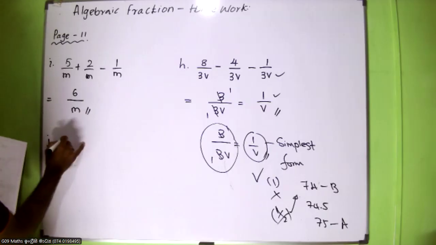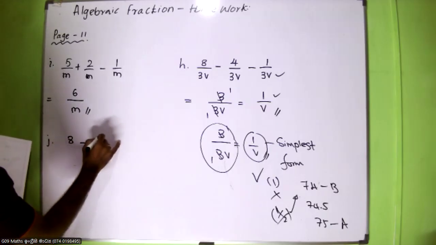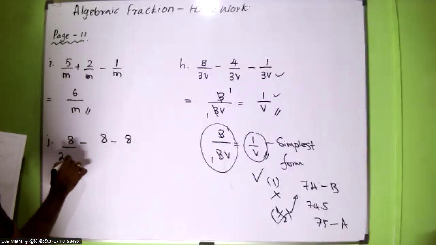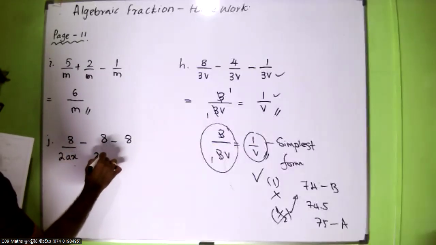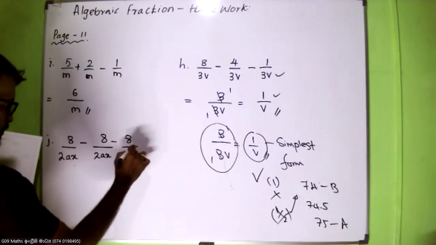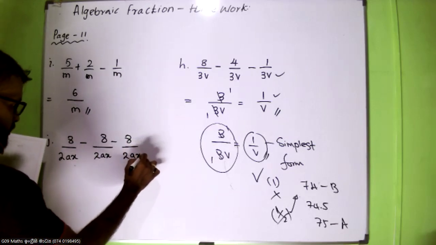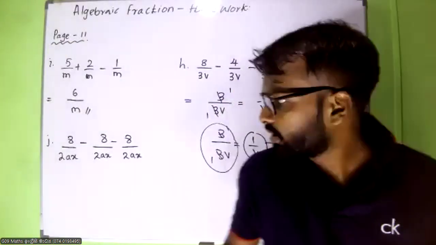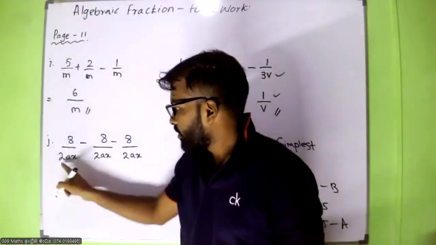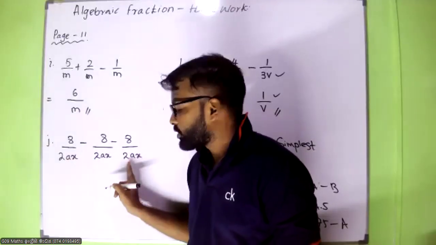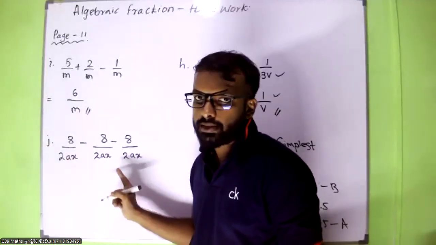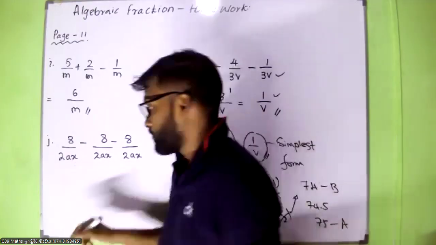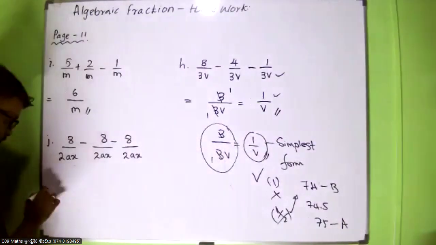And the I one: 8 minus 8 minus 8, over 2ax, 2ax, and 2ax. Denominators are all the same, so no need to worry.